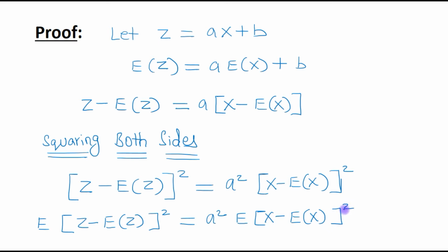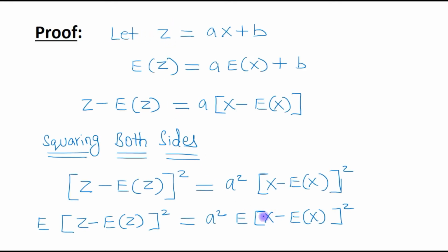Okay. Now observe this term. This can be written as variance of z equals a square, and this one can be written as variance of x.